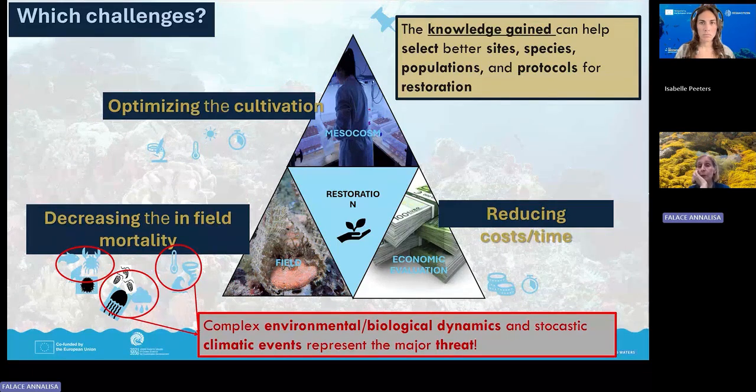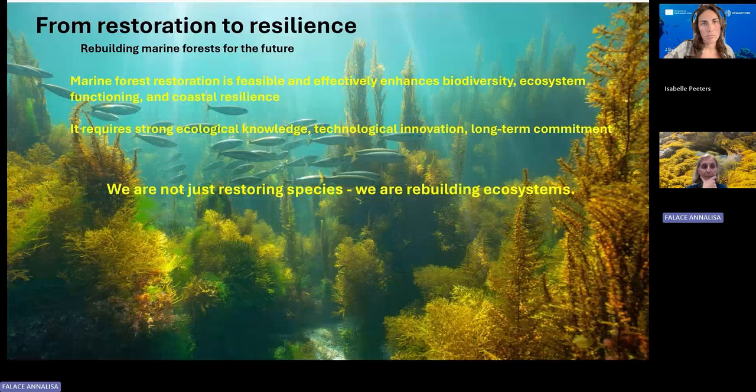We have good protocols for the culture, for the restoration, but at present the complex environmental and biological dynamics and the climatic events are for us the major threat. The activity in the field is still a problem.